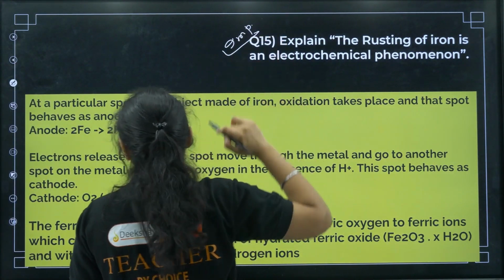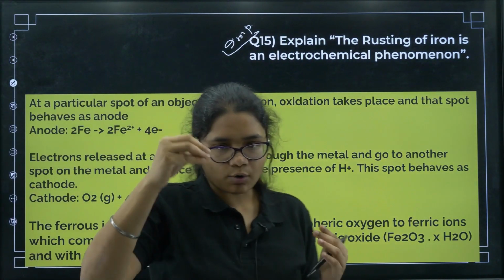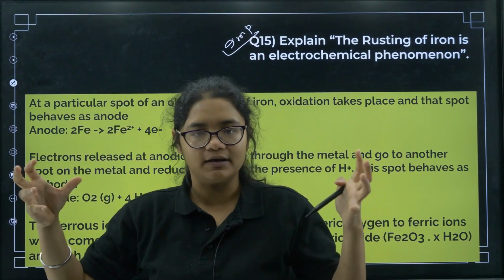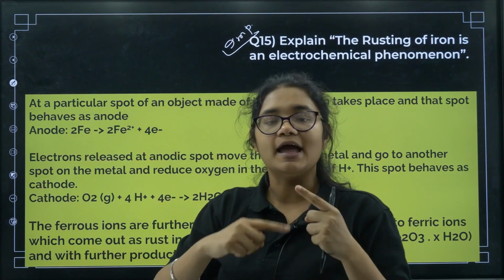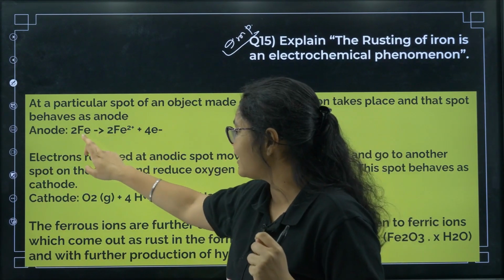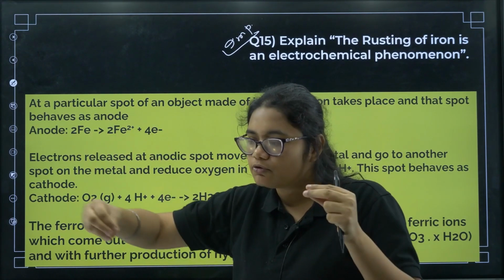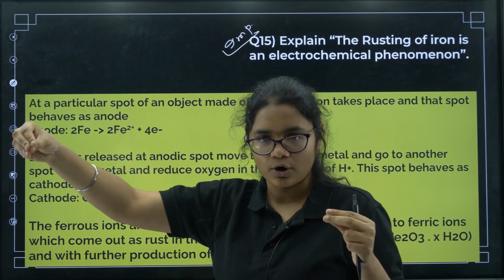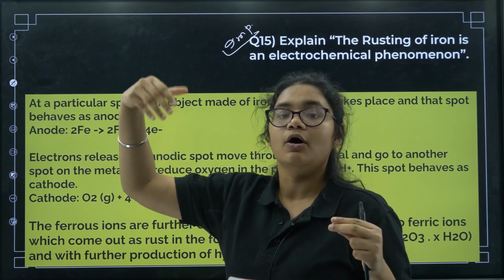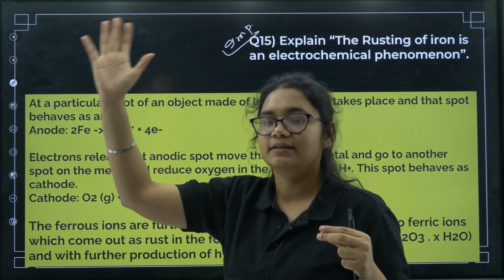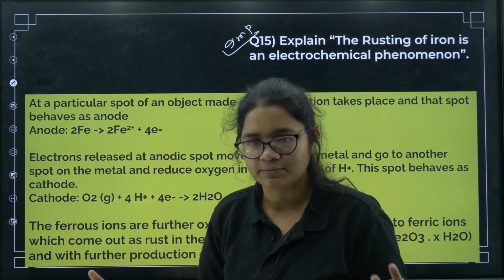Okay, so what happens exactly here? See, any spot on the metallic or the iron rod can behave as an anode, and iron will undergo oxidation there to give Fe2+ plus 2 electrons. Now these electrons will move to a different location on the rod, and then reduce the oxygen present in the atmosphere in the presence of H+ ions.